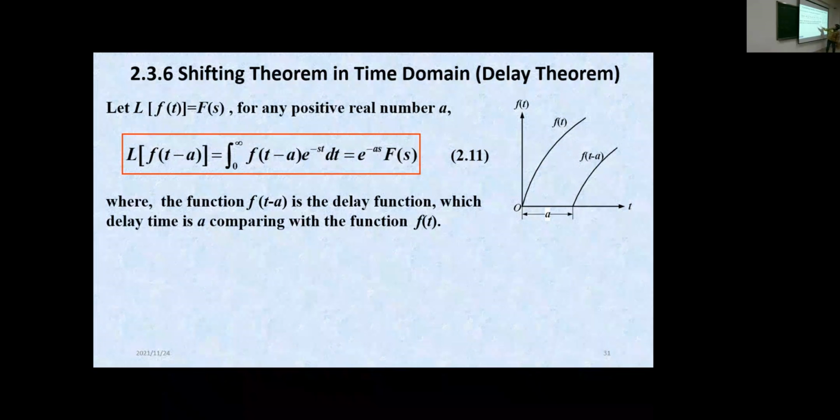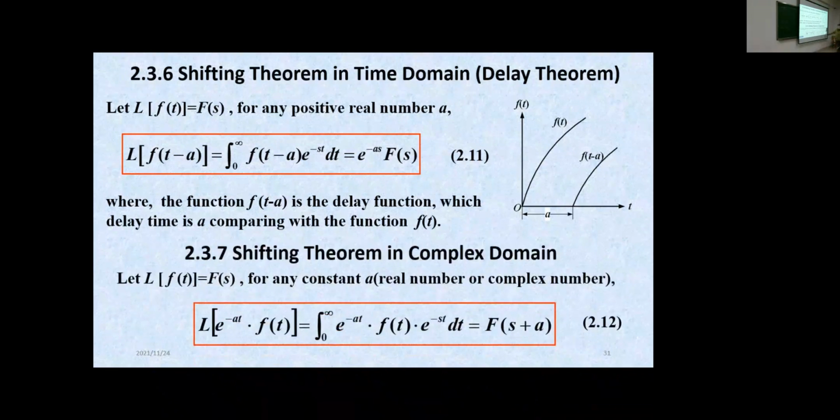If we write this, f(t) is still f(t), and f(a) is just a constant, right? Then we can take the integration, and it's just e to the power of negative as. So this one we can get its Laplace transform at this, right? The function f(t minus a) is the delay function, whose delay time is a compared with the function f(t).